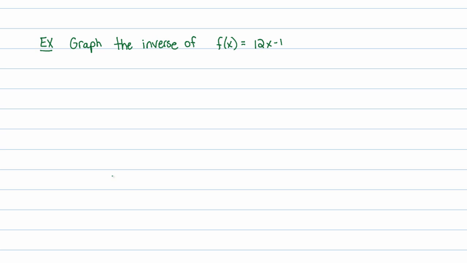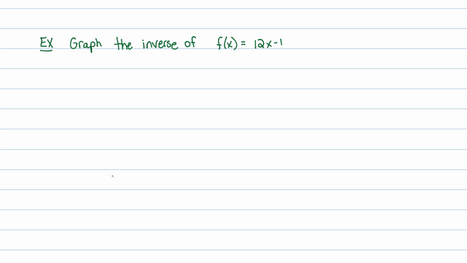We're going to start this talk with a simple example. Graph the inverse of this function, f of x equals 12x minus 1. And this function should be familiar because we used it in the last lecture that I did. There's always a couple approaches to graphing the inverse of a function.